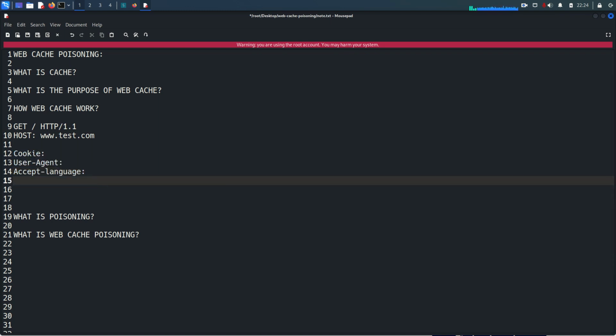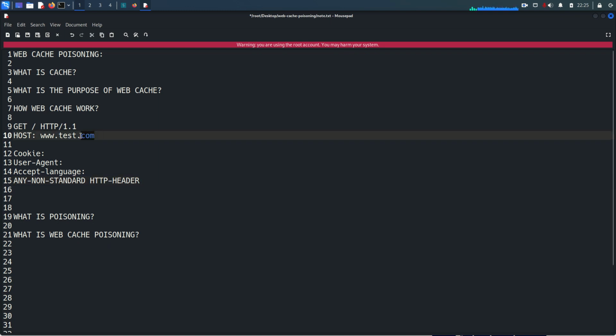Let's say there could be any non-standard HTTP header, or you may also add something here, but the cache will check only these 2, and here the problem begins.